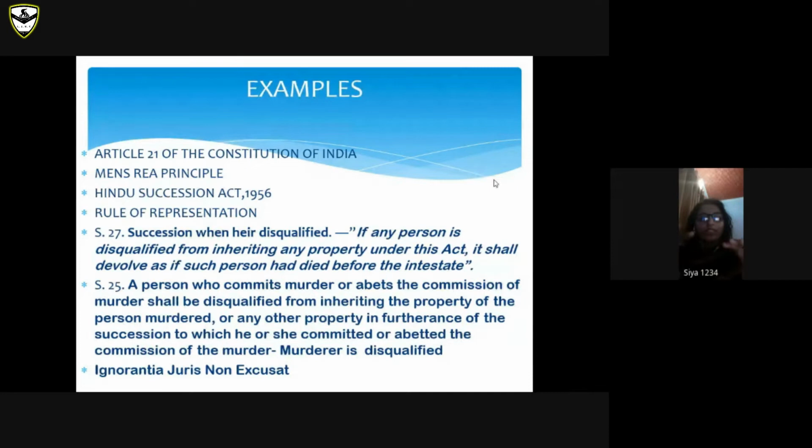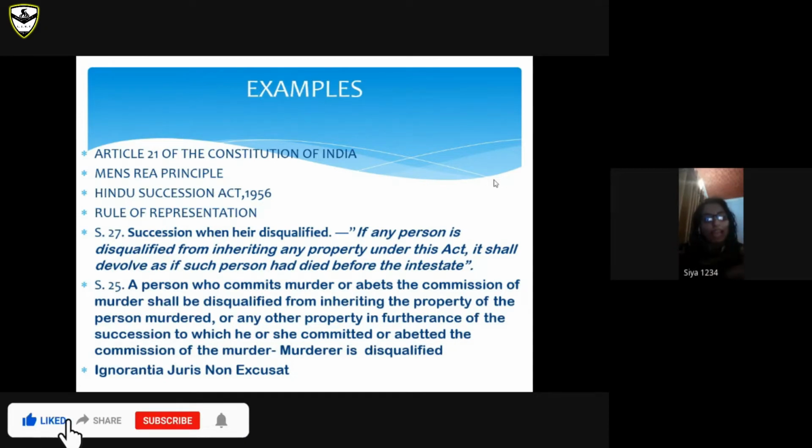There are so many interpretations of Article 21. For example, life means the right to live with human dignity, the right to a clean, pollution-free environment, the right to a corruption-free environment. All this happens because of critical reading.